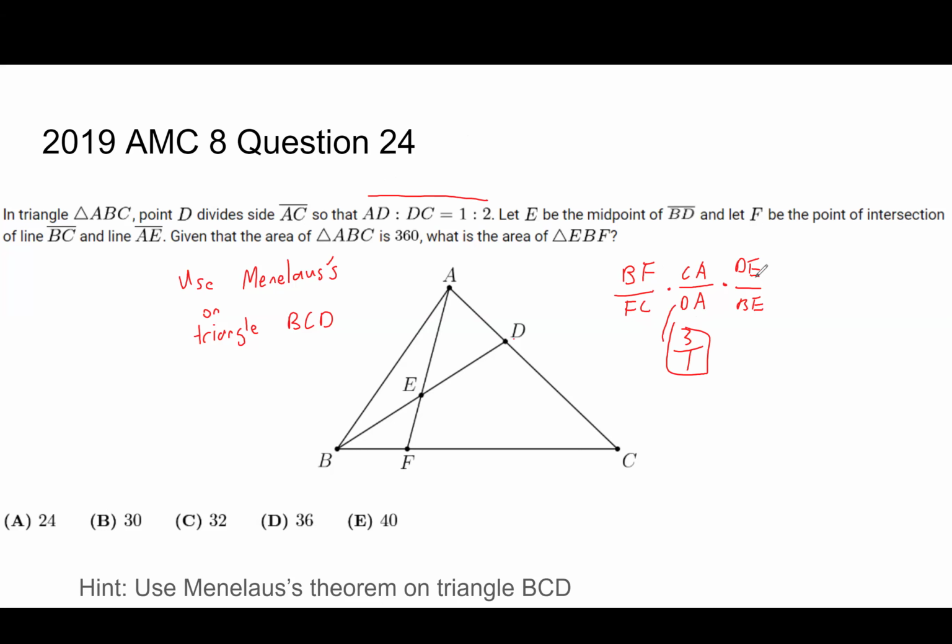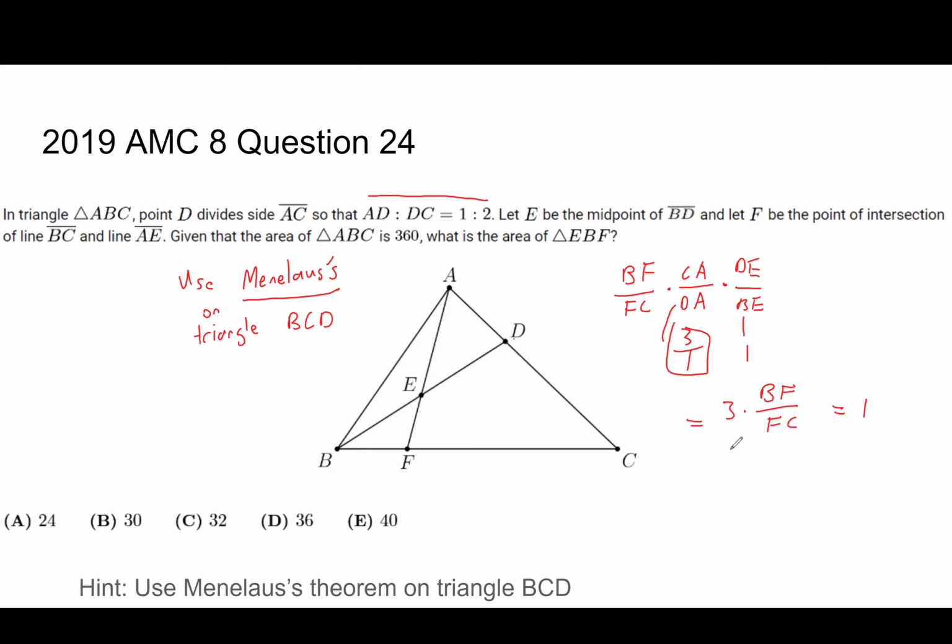And then what's DE over BE? Well, since E is the midpoint of B and D, we know that BE must be equal to ED, so this ratio is equal to 1. So this really just simplifies to 3 multiplied by BF over FC equal to 1, because we're using Menelaus's theorem.